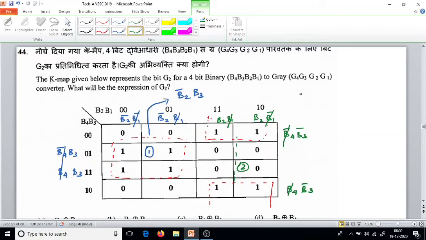So we get a sum of products. What is left? B2 and B3 bar.